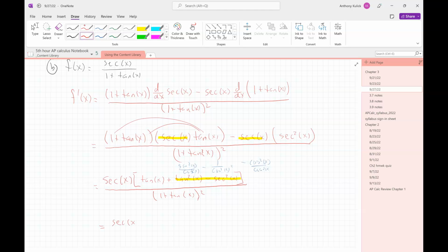Oh boy, Mr. Kulik, we're doing this stuff again. All this stuff never goes away. Oops, that's negative 1 though. Yeah, negative 1.